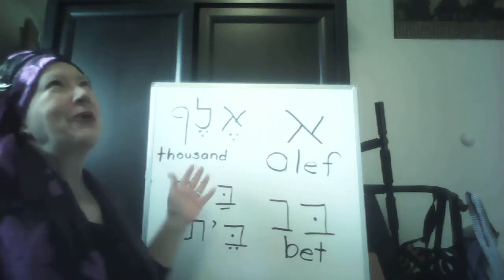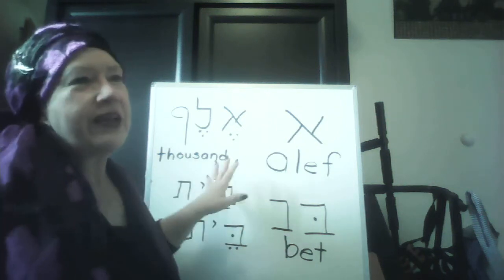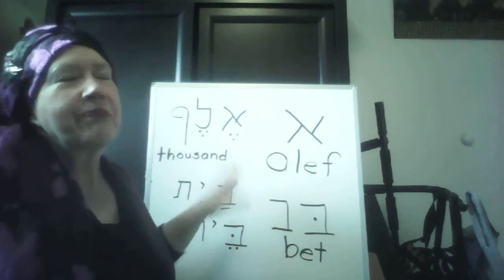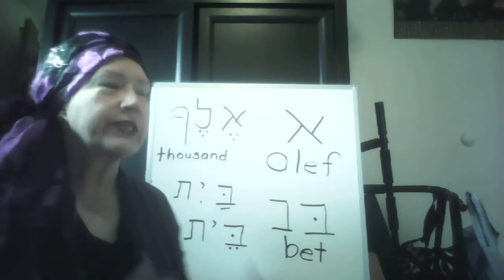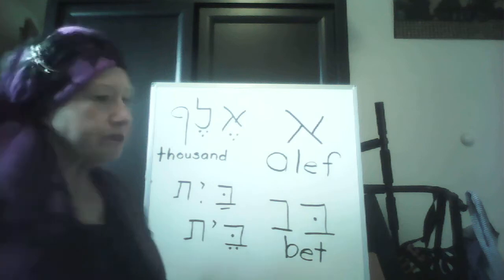There's no point even going into that, but as you learn the vowels, it's amazing how they manage to work it all out so that things connect in a really good way.